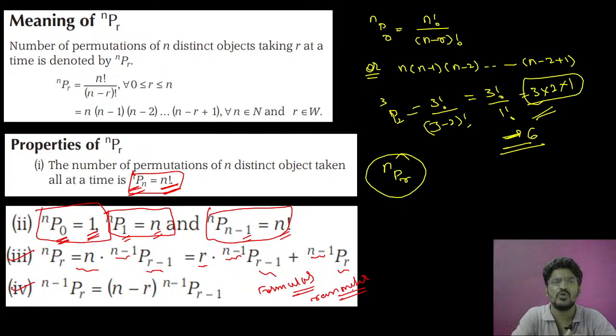The definitions will be over, the properties also may be over, but property number 3 and property number 4, most of these things will not be done in your offline classes.